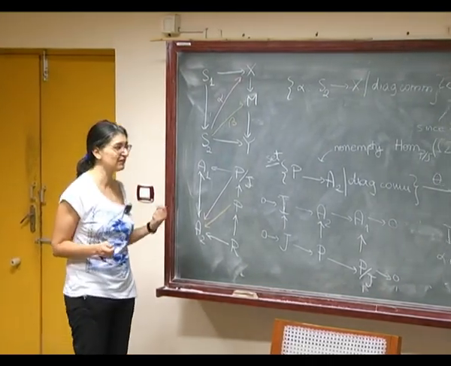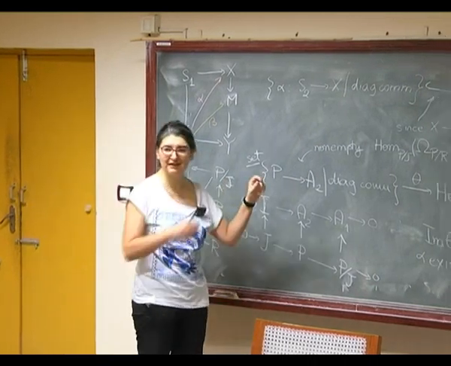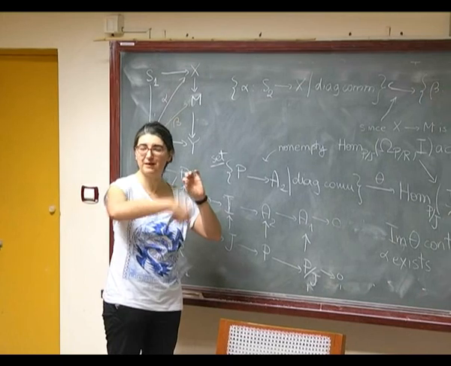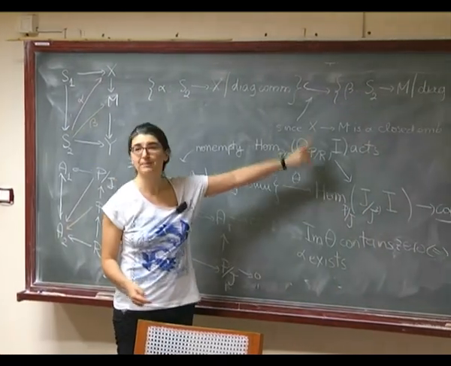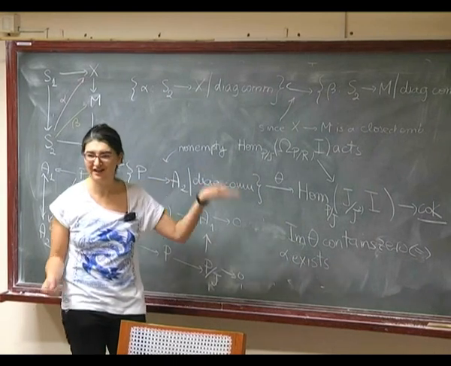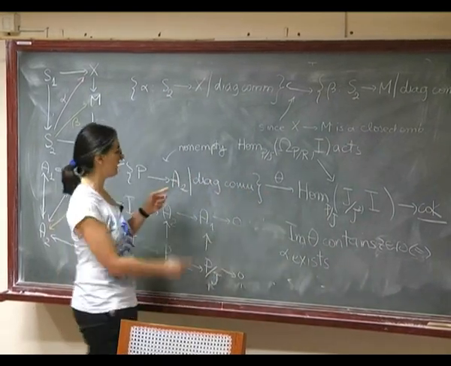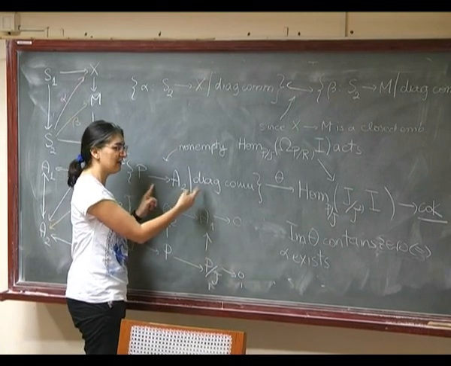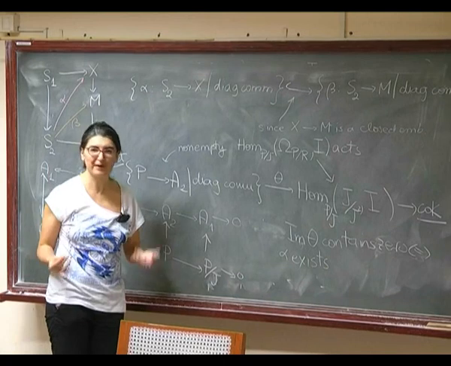Even if I have something which goes to 0, the ones which go to 0 will be a principal homogeneous space under omega P over R, I. So that's a problem: this is really just a principal homogeneous space.